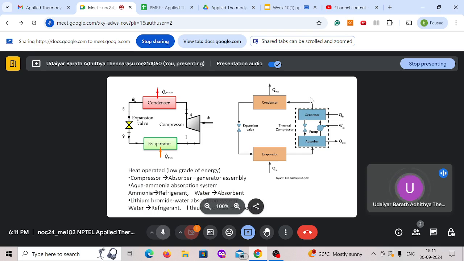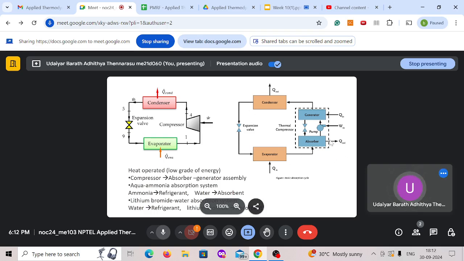In this vapor absorption system, the fluid has two parts. One is an absorbent and the other is your refrigerant. These two form a mixture, and that rotates in this thermal compressor, and in the outer loop with the condenser, expansion valve and evaporator, you have the refrigerant flowing.